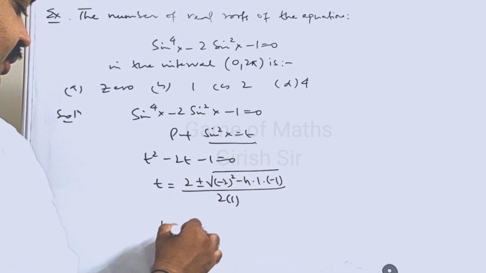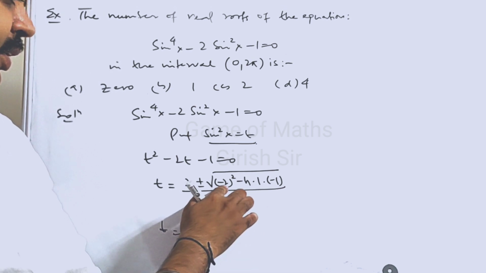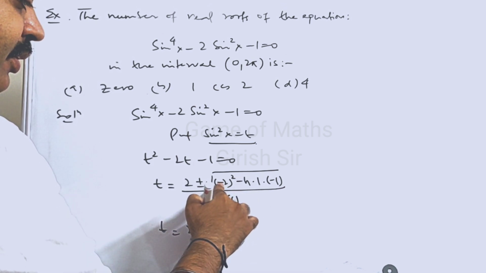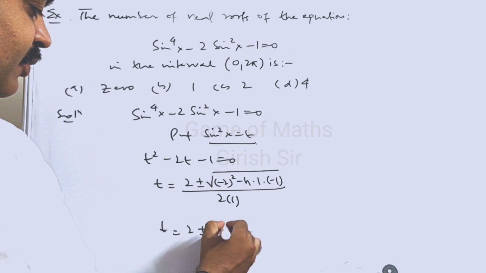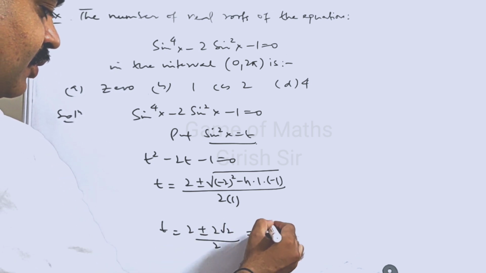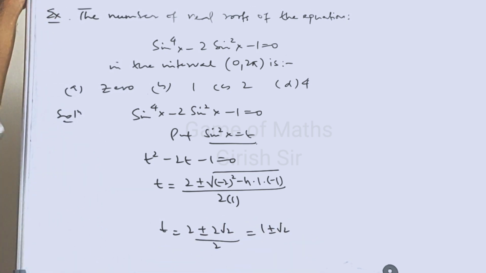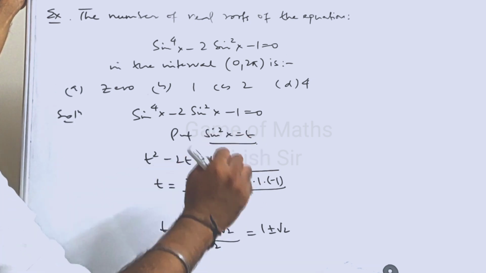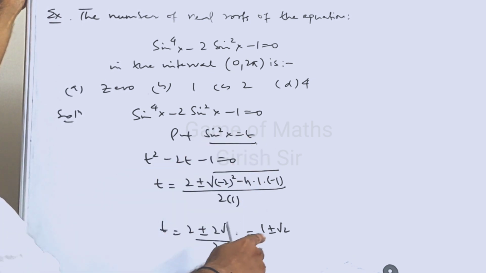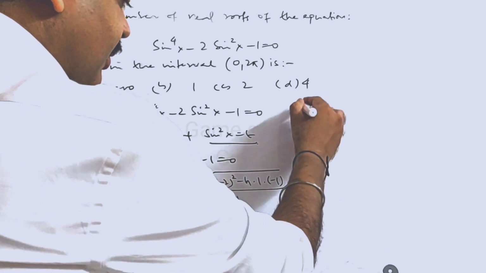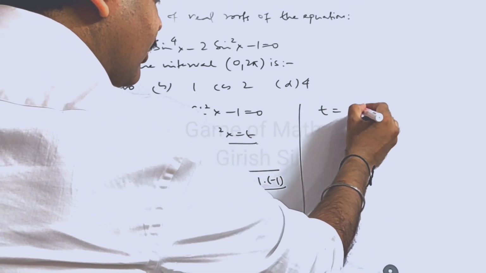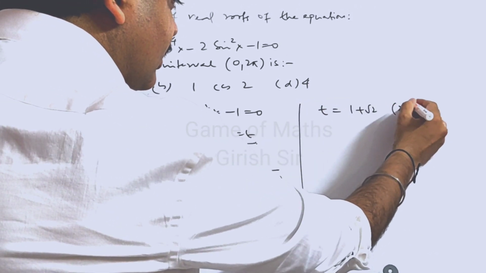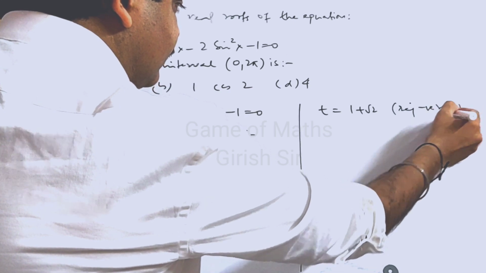So from here you get, this 4 plus 4 can be written as 2 root 2. Now because t is equal to sin square x, it must be positive, so we reject the negative root and t is equal to 1 plus root 2.